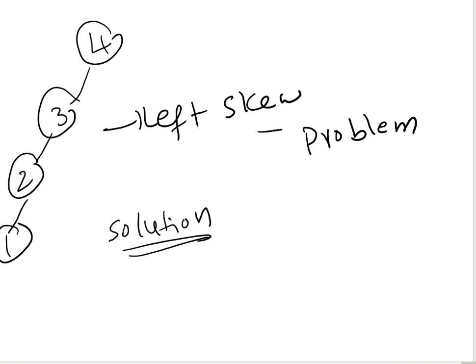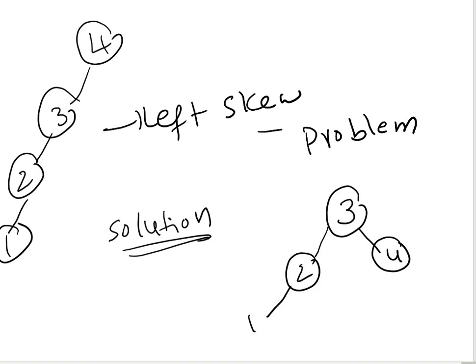When will the solution be perfect? If I make 3, 4 will be here, and then 2 and 1. Still the height of 3 is 2 here: 0, 1, 2. This is also not a solution.